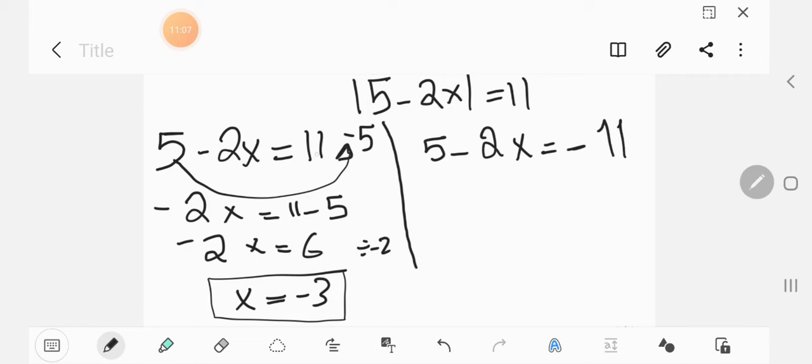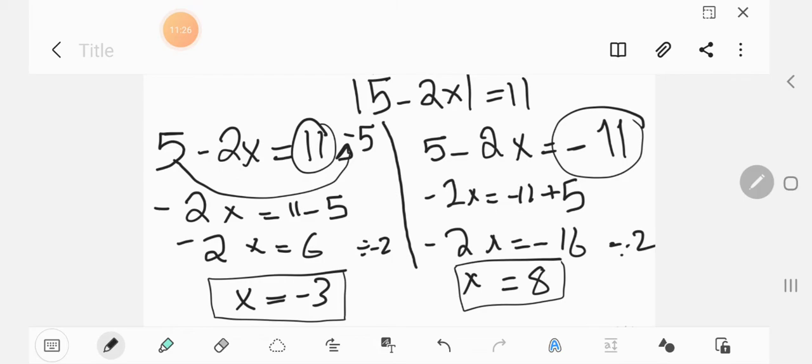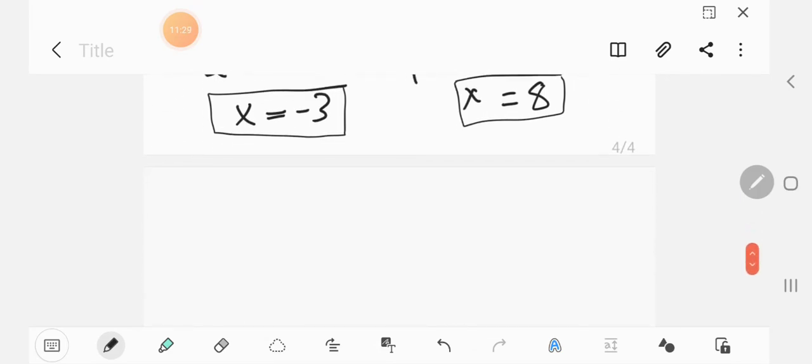One time with a positive sign and one time with a negative sign. It will be negative 2x equal negative 11 plus 5. Negative 2x equal negative 16. So divided by negative 2 here and there, x equal 8. So our possible answers will be x equal negative 3 and 8.